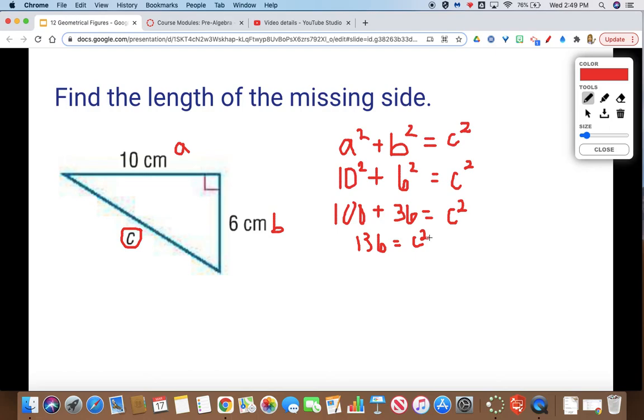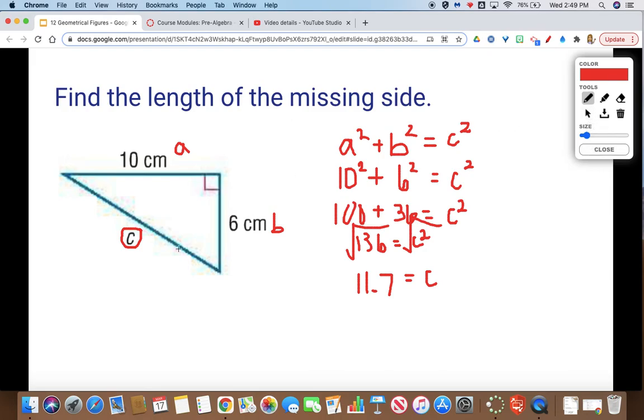It's looking like this answer is probably not going to be a perfect square, so I'm going to grab my calculator to evaluate what the square root of 136 is, since that's how we're going to figure out c. When I plug that into my calculator, I got a decimal. I got about 11.7. It was a very long decimal, but I could round it to 11.7. That is about what c would equal.